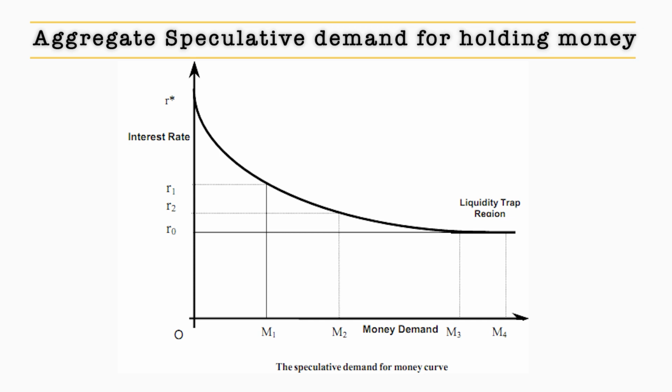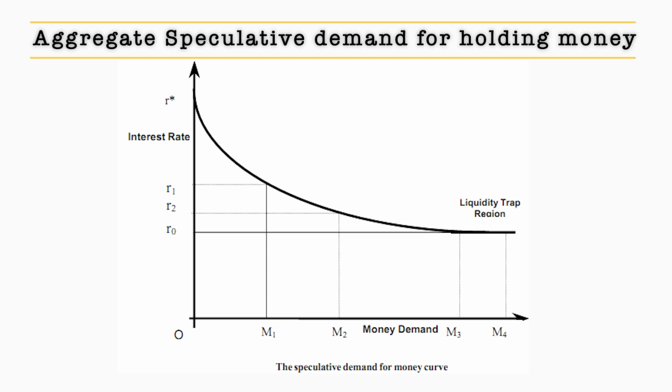RH denotes a very high interest rate. So here every investor will rush for bonds, as they will expect the interest rate to fall in future. So everyone will rush for bonds, and with the increase in bonds in the hands of the investors, the interest rate will go down. Now if the interest rate is lower, then as the interest rate will rise in future, lowering bond prices, many investors would again find money to be their preferred asset.